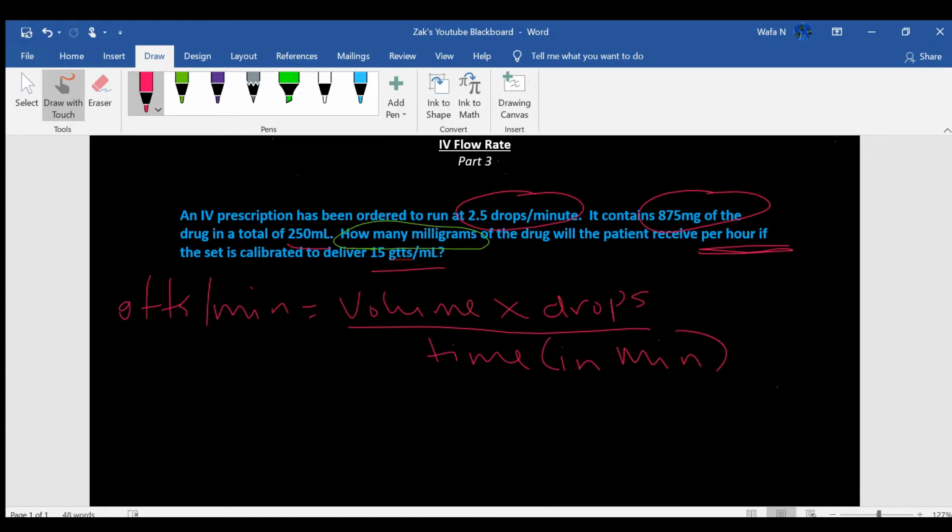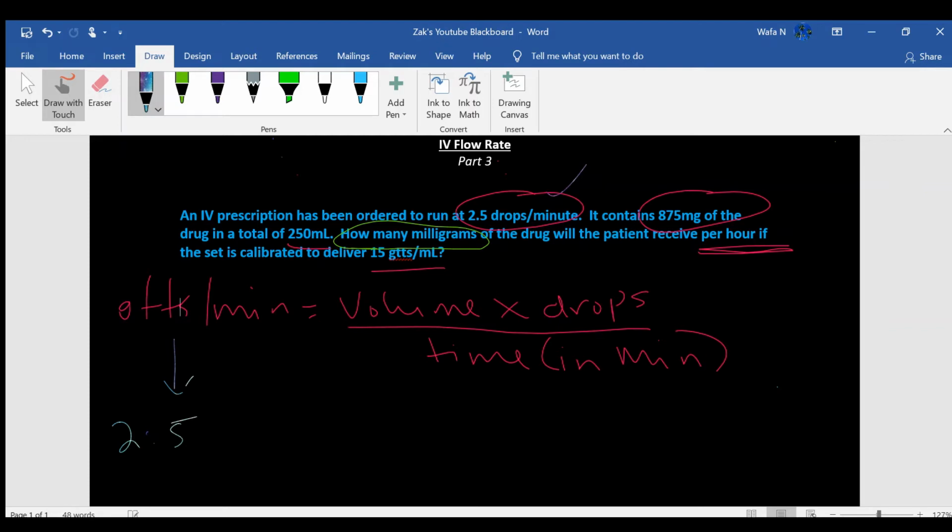So with this, we are going to set up and just plug in our problem. We know our drops per minute to be the 2.5, so we're going to bring that over as 2.5, without repeating the term drops per minute.